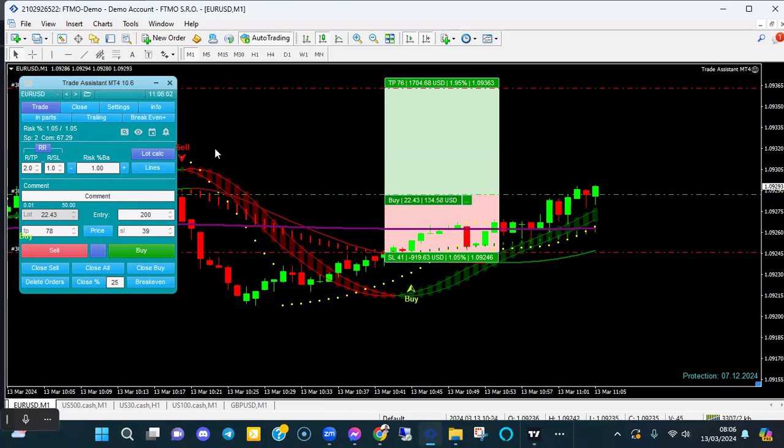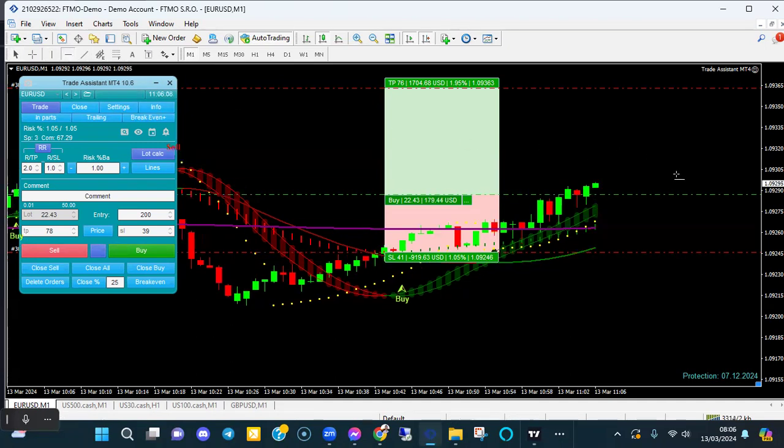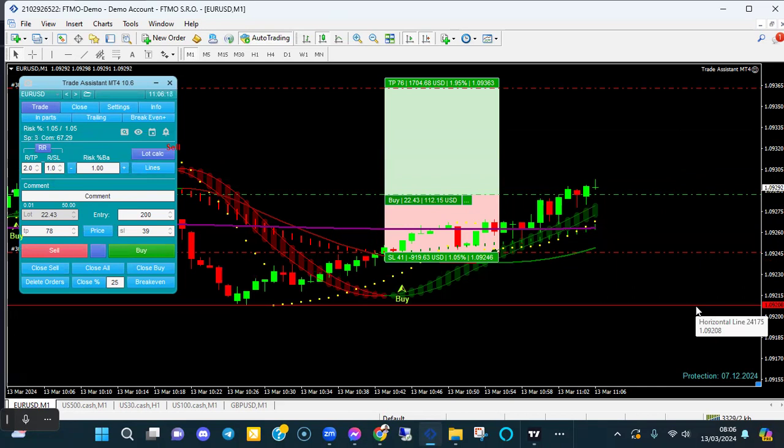Now to get my entry, I like to go get this line tool, and my entry is 1.09287.